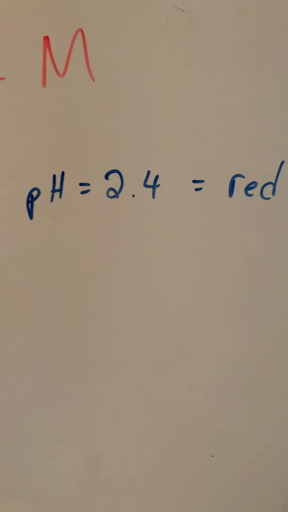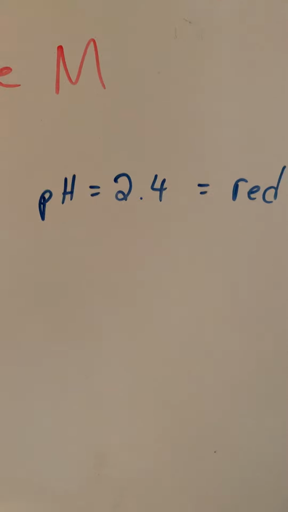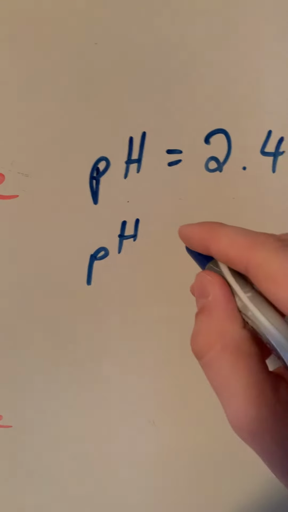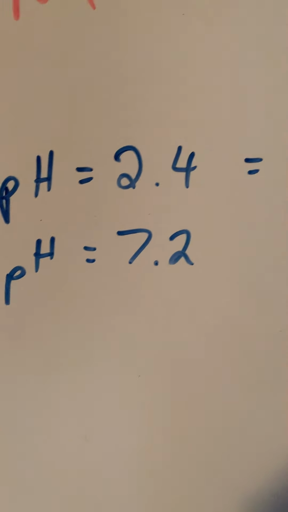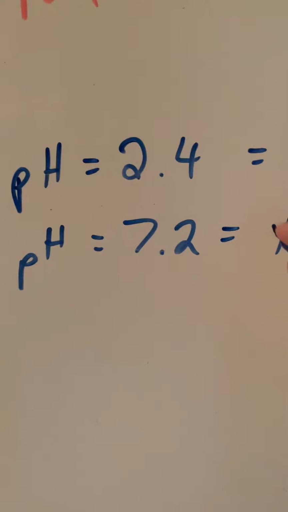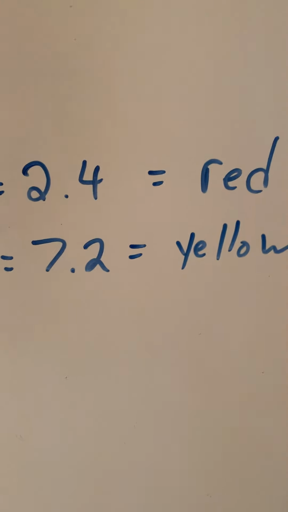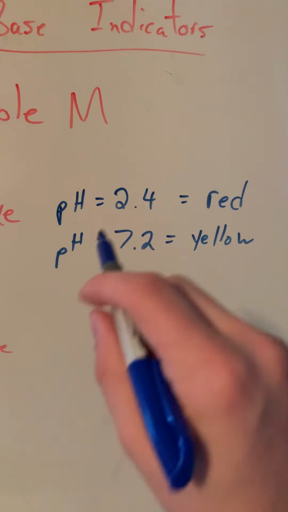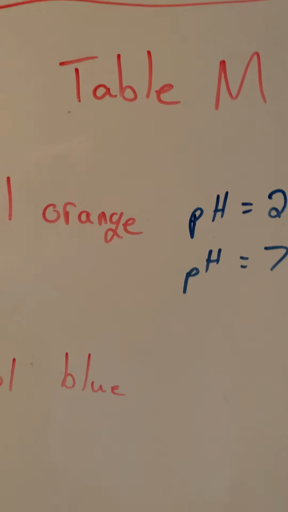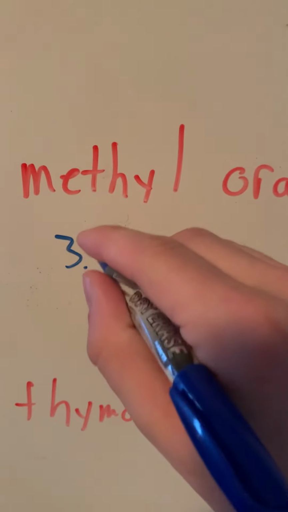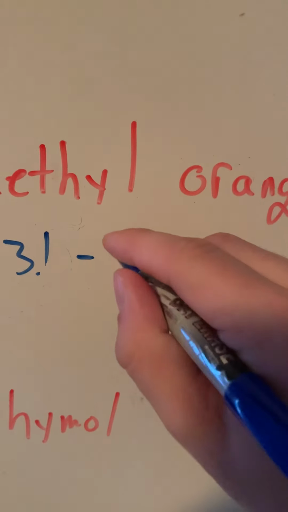Now, if I'm doing a titration and my pH changes to, let's say, 7.2, now I know that the methyl orange will be yellow. And that's really it. Very, very simple. Just understanding that as pH changes, the color of these things change. And they're all different, right? So for methyl orange, the range was 3.1 to 4.4.